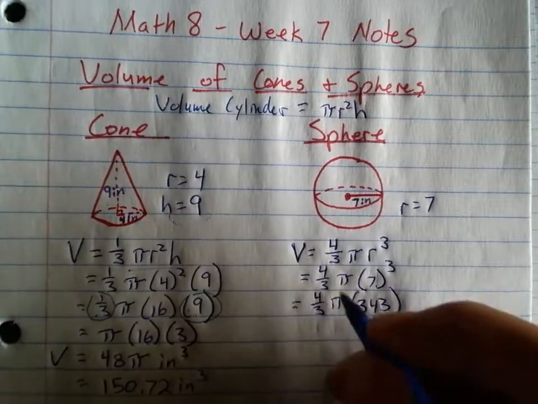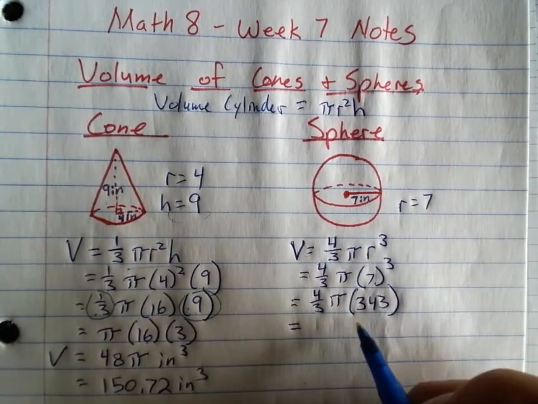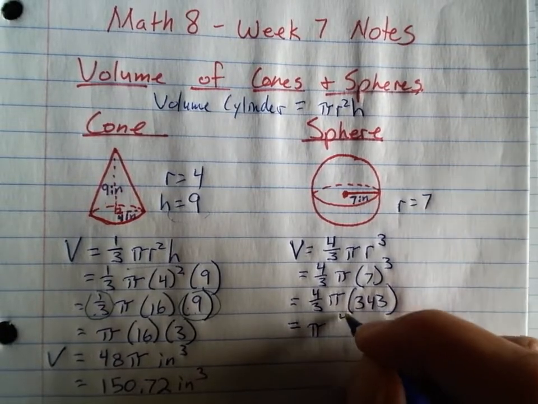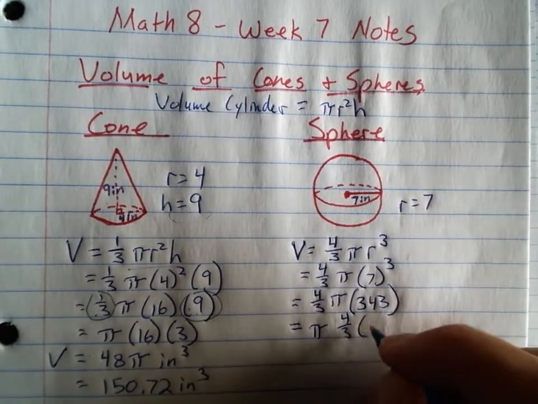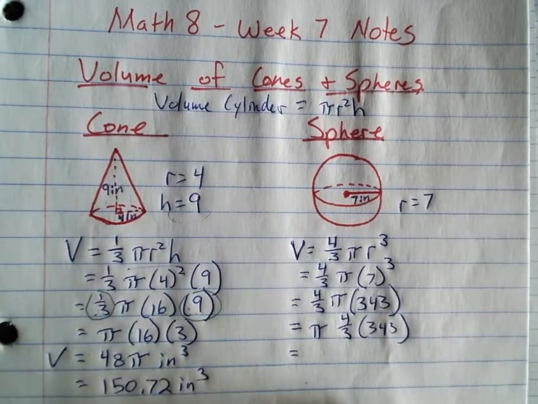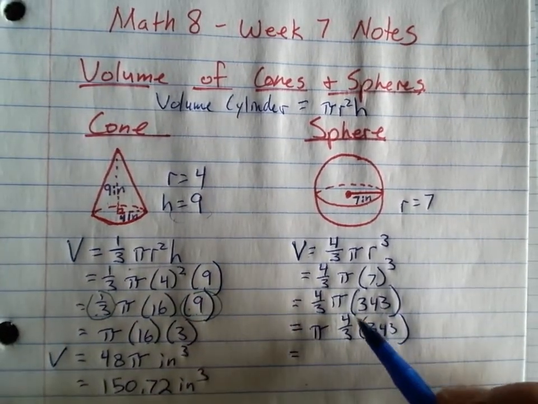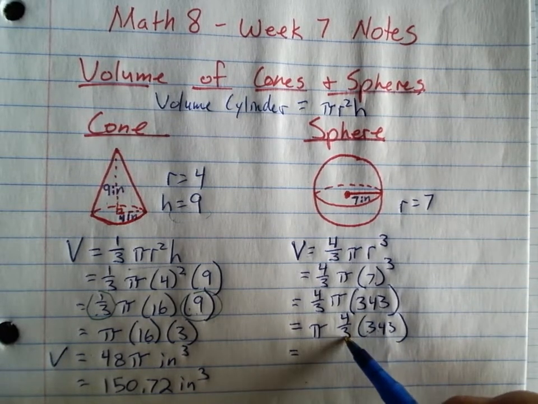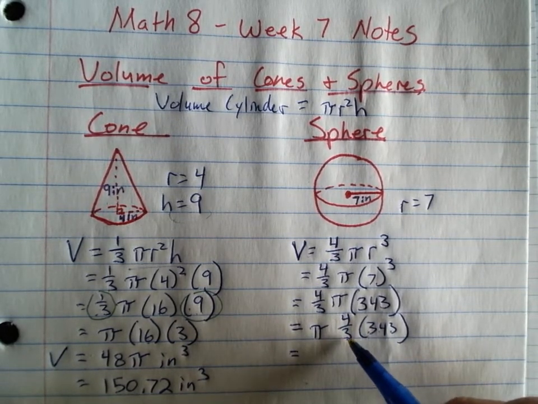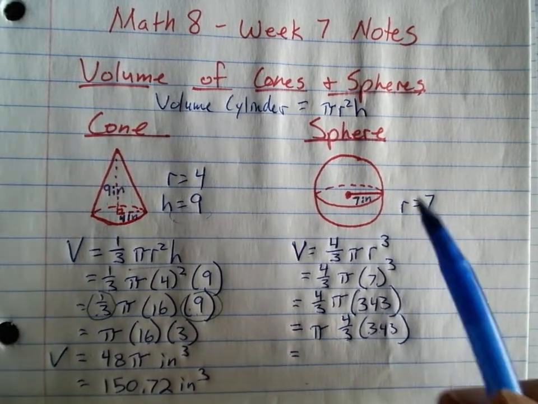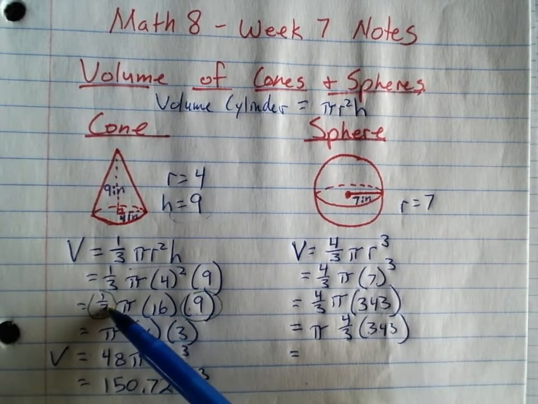Now, this next part, when you see 4/3, one of the things that helped me with fractions is that you can do 343 divided by 3, because when you see a number in the denominator, that really means you're dividing by that number, just like we did over here with the 3 in the denominator.